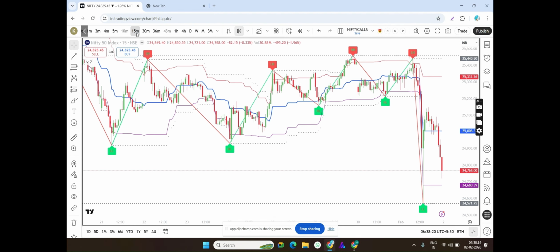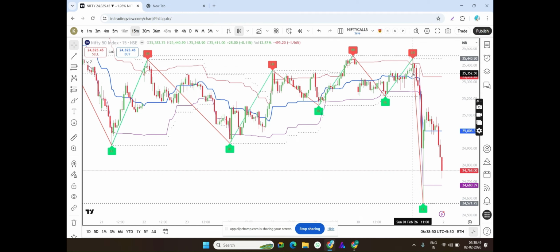We will be looking at 15 minutes and 5 minutes time frame. Okay. So let us come to the budget day. Okay. So we opened around the trend defining level here, then we dip below and we saw the trend change for the intraday happening on 10 a.m. candle.